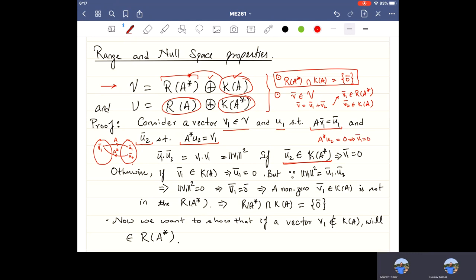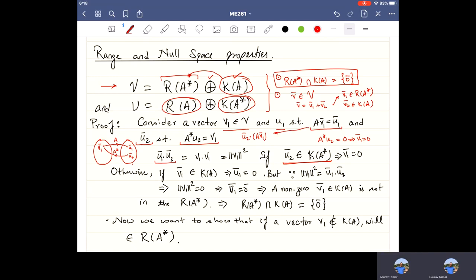But if I'm picking a non-zero v1, then I take a dot product between these two vectors. I look at the dot product of u1 and u2, which can be written as u2 dotted with A v1, from this definition.